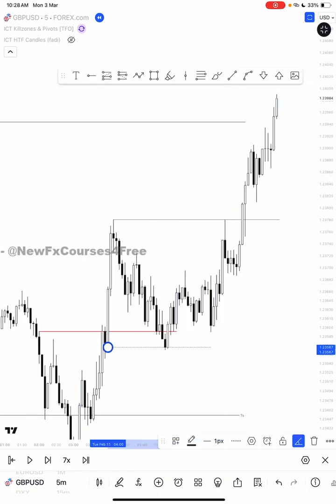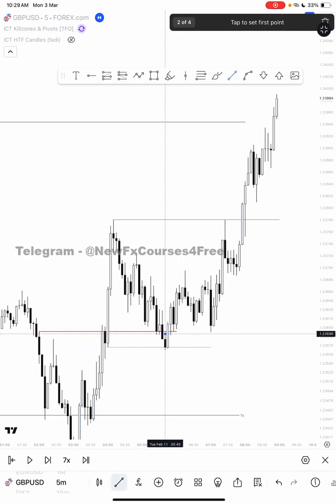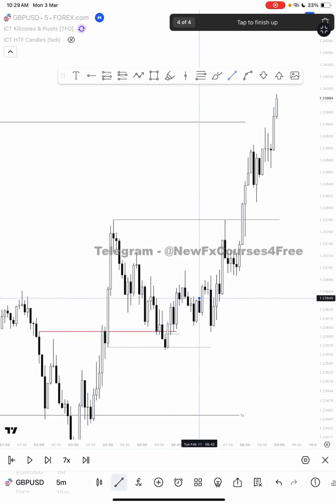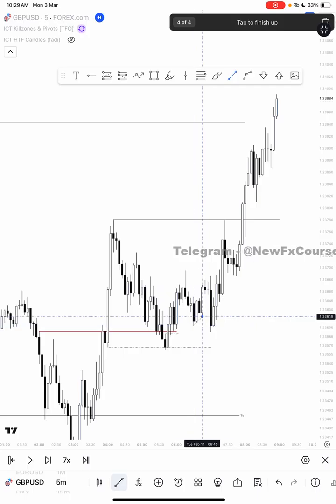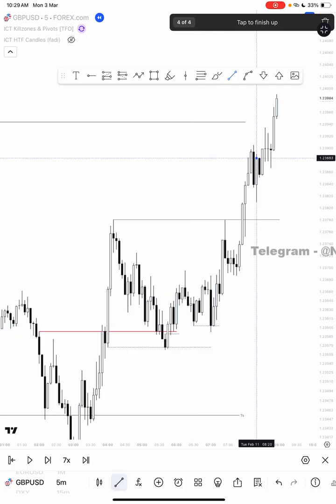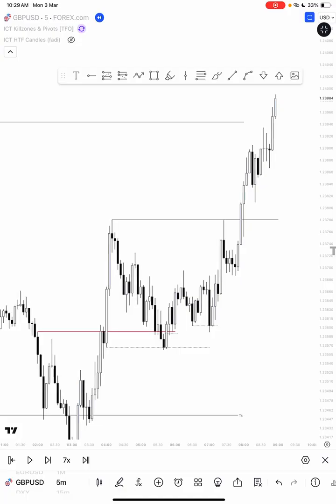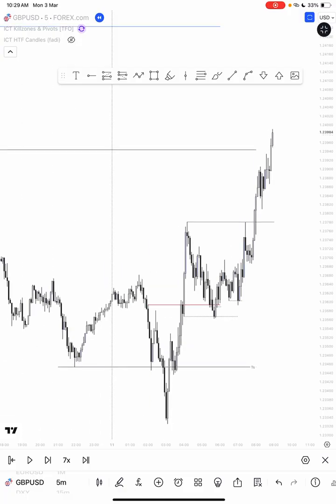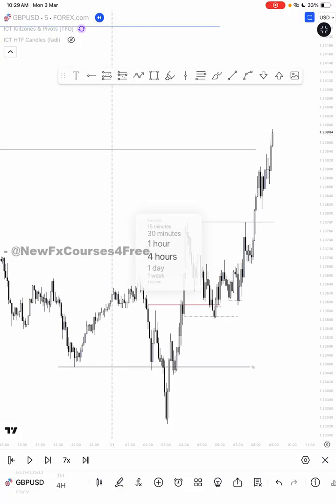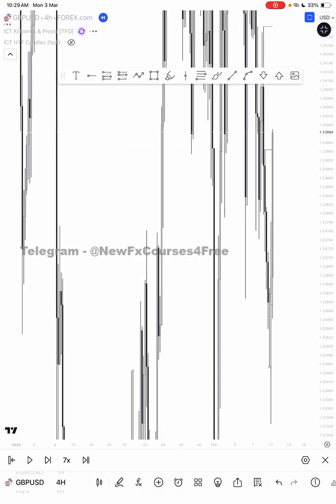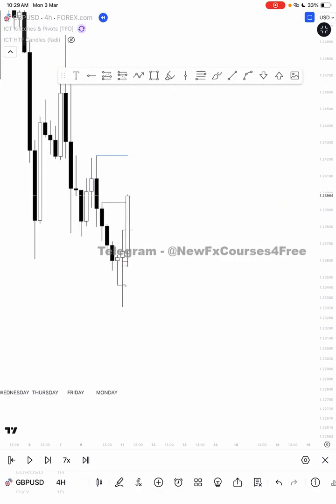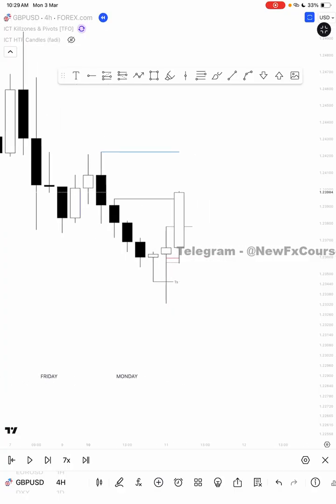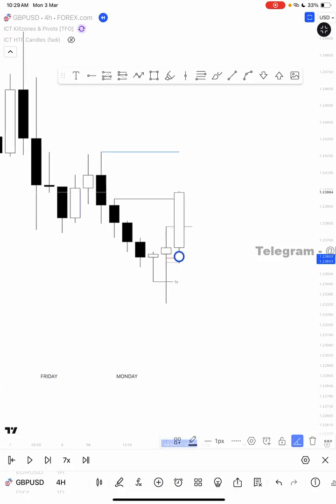Here turtle soup, order block here, then retracement sweeping this low, then before going higher. So that's how you use your previous day high and lows, previous week highs and lows, as your draw on liquidities.